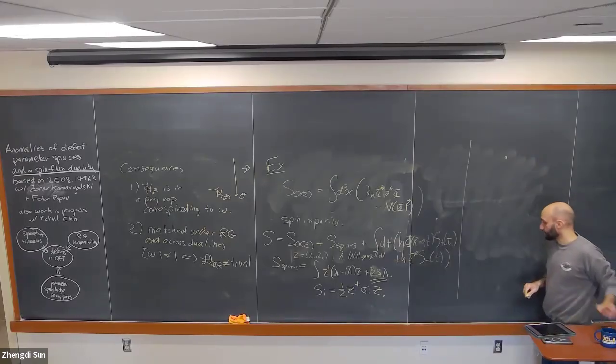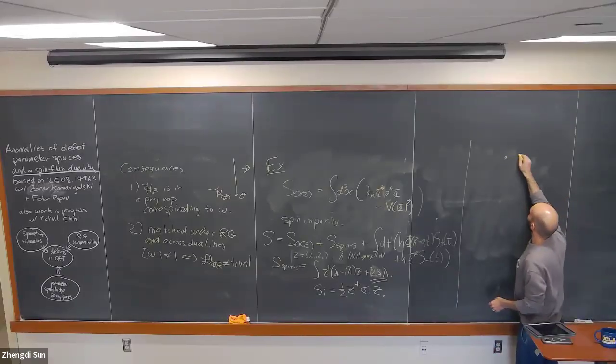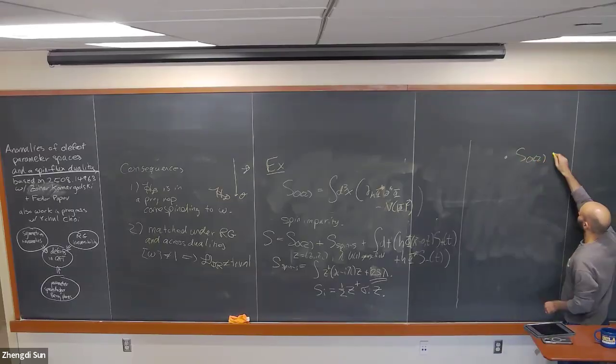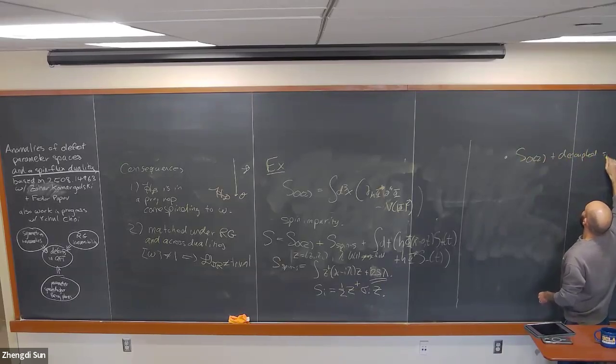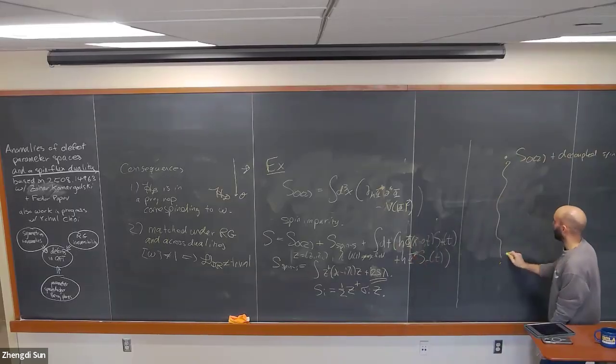Good. So indeed, you can think about this as starting with the O2 model in the UV plus a decoupled spin S particle, and then adding this interaction, and then asking what you flow to in the IR.